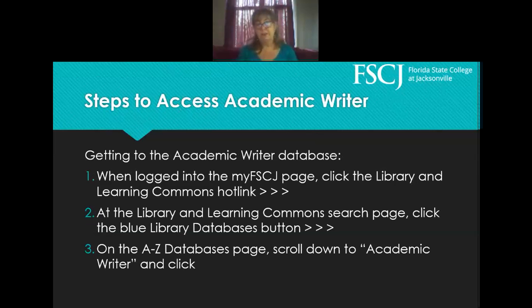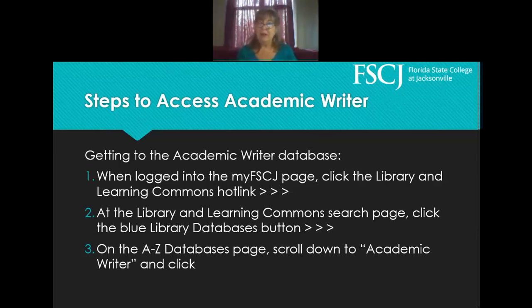So before we do that, though, we need to learn how to get to the Academic Writer database. And so I've given you some steps here, but if this seems like it's in a foreign language, don't worry, because in a minute I'm going to show you some screenshots and I think it'll be a lot clearer. But the starting point is your My FSCJ page, where you log in to do a lot of things like access Canvas and so forth.